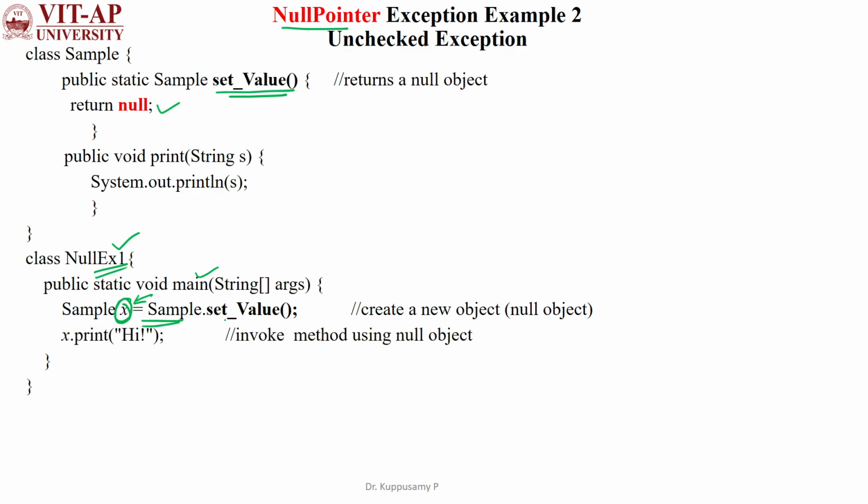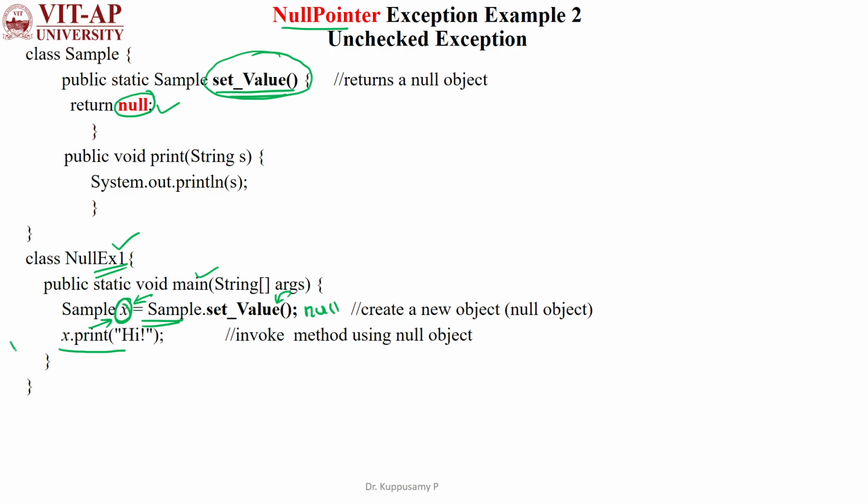At the same time we are calling the method set_value, which returns null. That means null is assigned to the variable x.